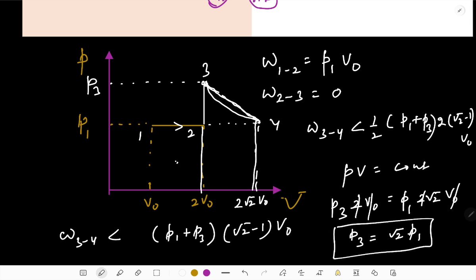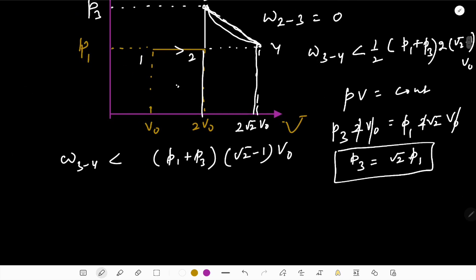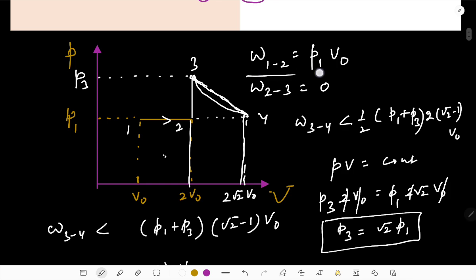This is also an important result. So I would like to calculate the value of (P1 plus P3) multiplied by (root 2 minus 1) V naught. And I need the result in terms of P1 and V naught, because the work in 1 to 2 is in terms of P1 and V naught.